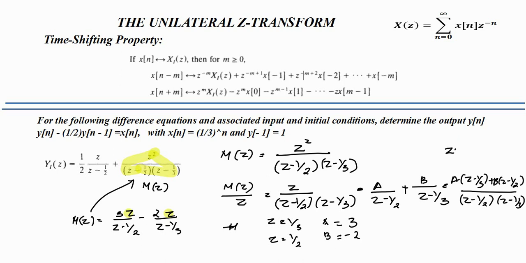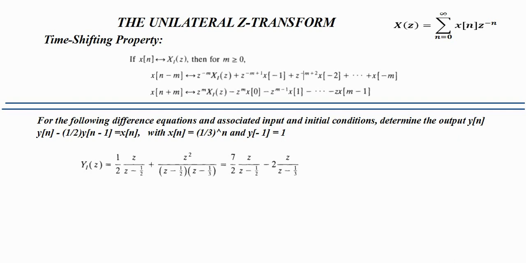Here you can see that there is one factor, 1 by 2 into z by z minus 1 by 2. Here also one factor, 3z by z minus 1 by 2. We can add these two quantities. After addition you will get 7 by 2 z by z minus 1 by 2 minus 2 z by z minus 1 by 3.